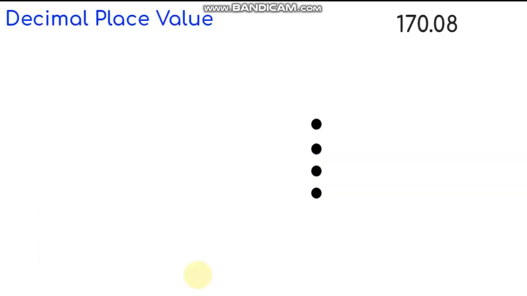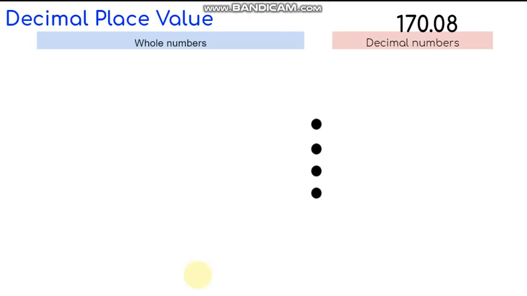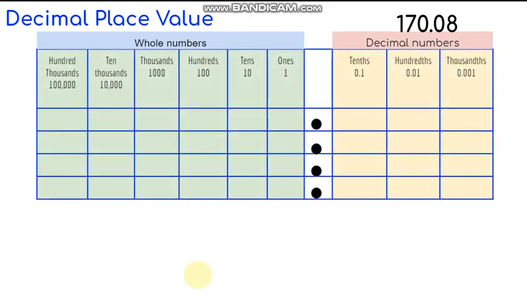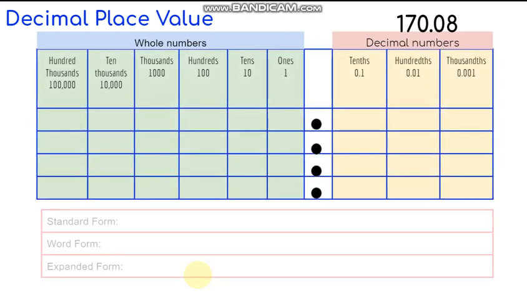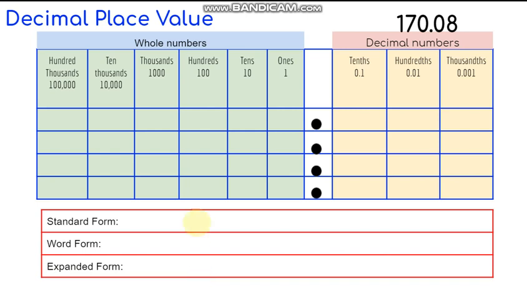Next, how about 170 and 8 hundredths? Again, separate between whole numbers and decimal numbers. Since it is 100, we can start from here. 1 hundred, 7 tens, 0 ones, and 0 tenths, 8 hundredths, which we put there in the standard form.